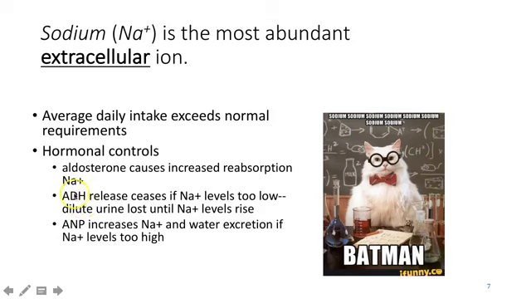So basically you're going to inhibit the release of antidiuretic hormone so you can produce lots of dilute urine until your sodium concentration comes back up. And then atrial natriuretic peptide is going to increase sodium and water excretion if your sodium levels are too high.